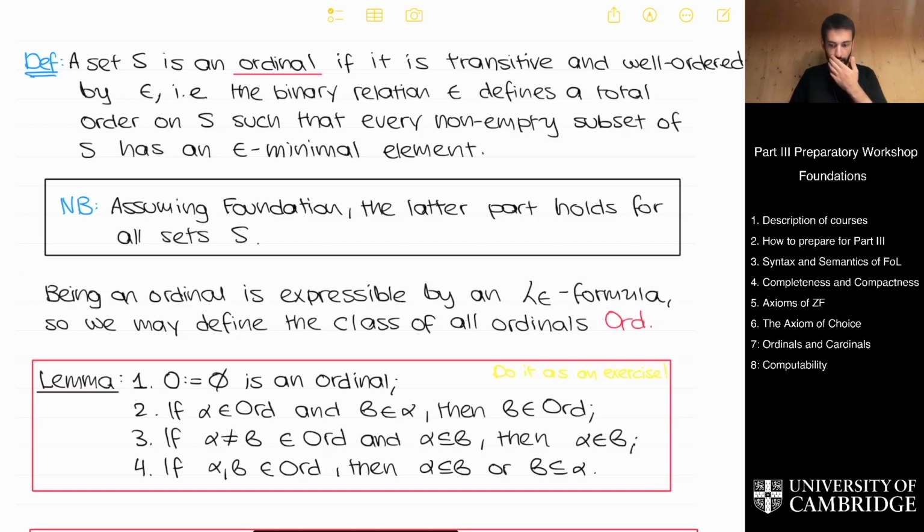Now the last part will always hold, assuming foundation. What do I mean by the last part? I mean the fact that every non-empty subset has an epsilon minimum element. So under foundation, being an ordinal is simply equivalent to saying that you're transitive and you're totally ordered by epsilon.